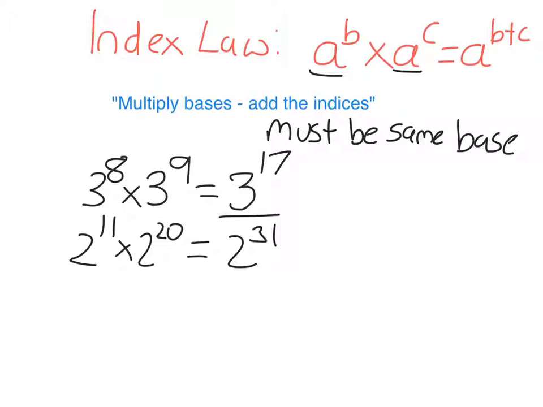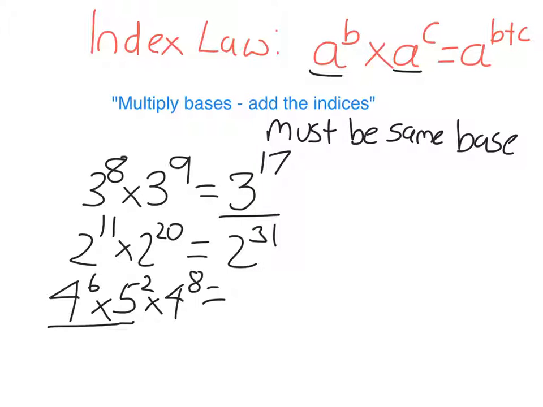If I have something like this, let's say 4 to the power of 6 times 5 squared times 4 to the power of 8, this part of it, 4 to the power of 6 times 5 to the power of 2, doesn't equal 20 to the power of 8. Just like when we were learning about like terms, remember how we can't add terms unless they're like terms?